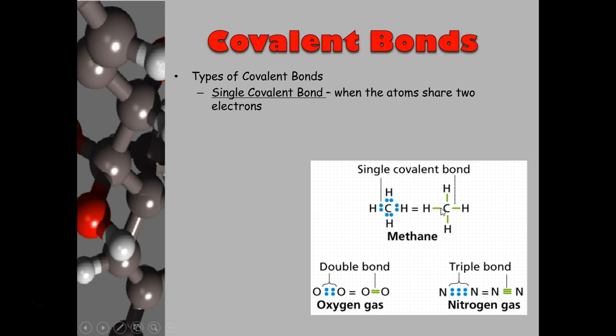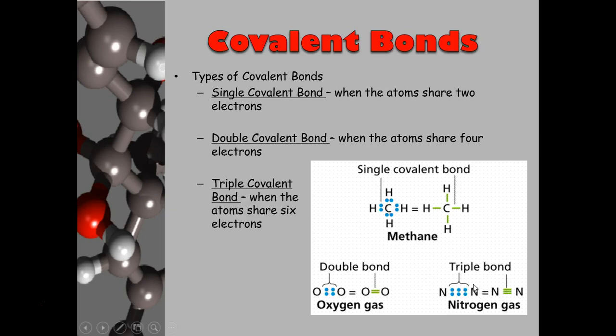So one of those electrons is coming from the hydrogen, the other electron's coming from carbon. You'll often see them with just these single lines as a way to delineate a diagram of what a single covalent bond looks like. So a single pair, a total of 2 electrons, are getting shared. In a double bond, however, now I've got 4 total electrons that are getting shared, so 2 originally came from this oxygen, the other 2 came from this one, and you'll often see it as 2 lines, kind of like an equal sign.